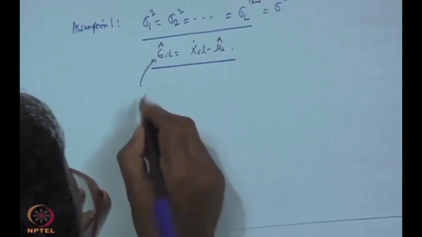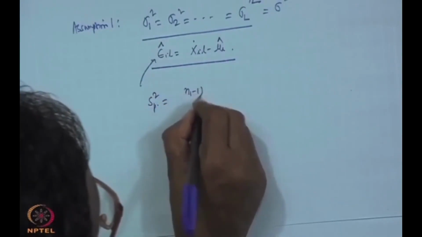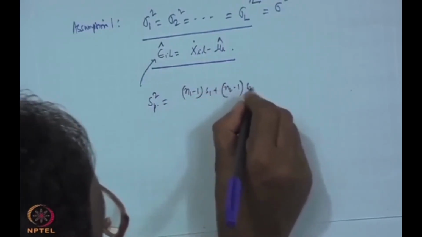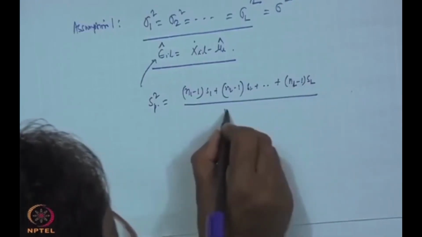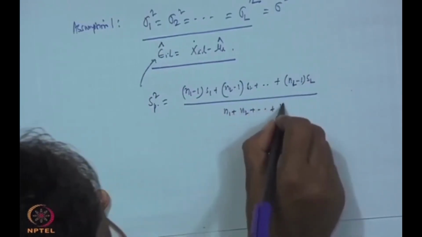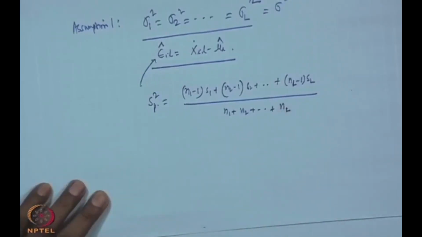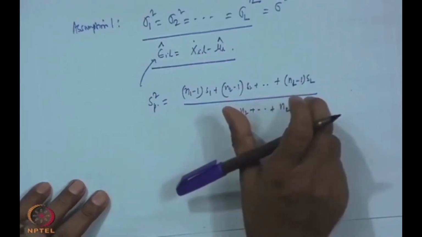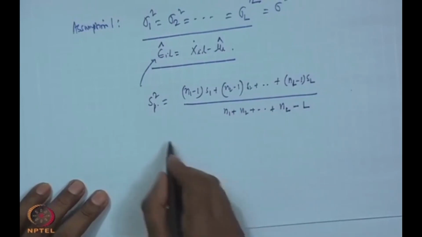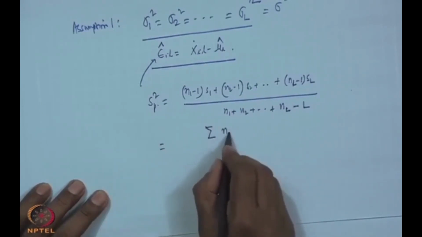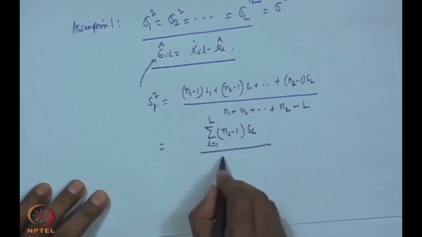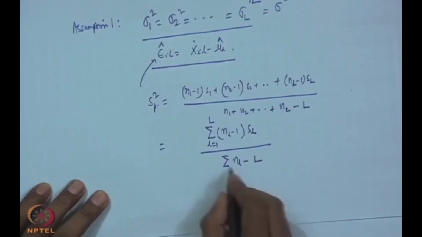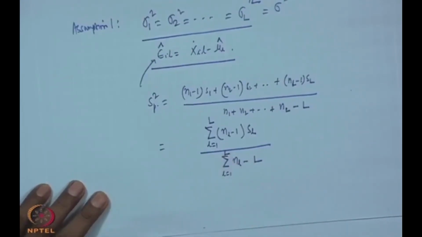What we are saying is that SP square is (N1 minus 1) S1 plus (N2 minus 1) S2, like this up to (NL minus 1) SL, divided by N1 plus N2 up to NL minus the number of populations, that is L. So, this is the sum of (NL minus 1) SL for L equal to 1 to L, divided by the sum total of NL minus L. This is your SP square you have developed earlier also.